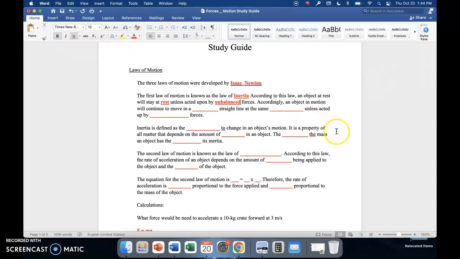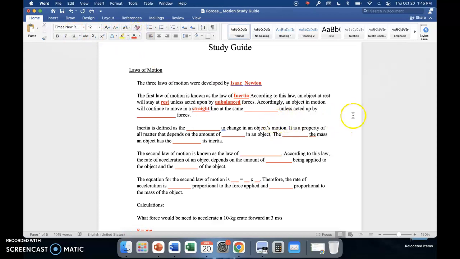On the other end of that, an object in motion will continue to move in a what? Straight line. So we're just going to get rid of that. This was supposed to be your answer. I think I have this messed up, so let me fix that.